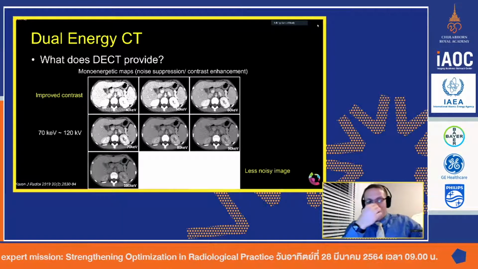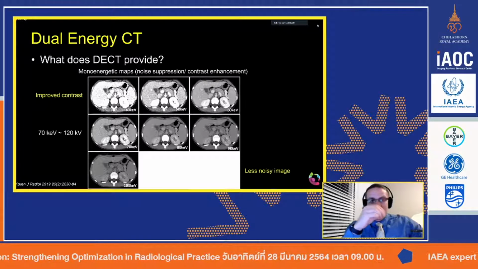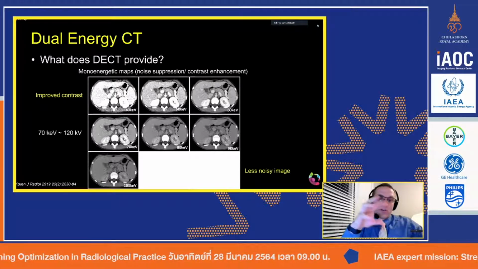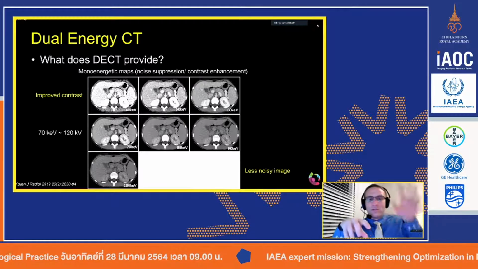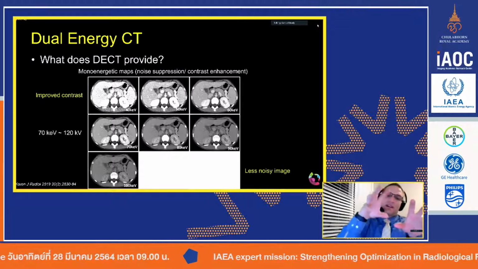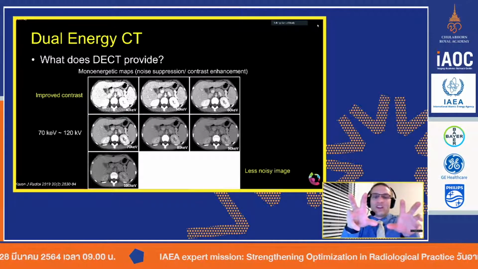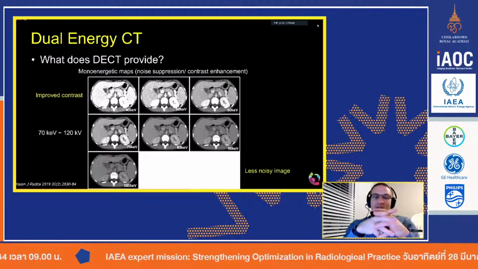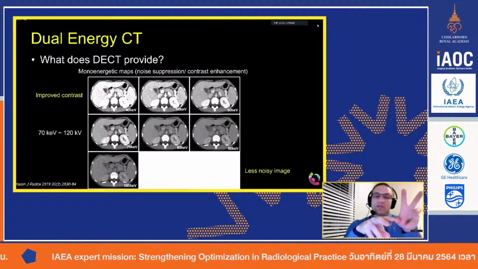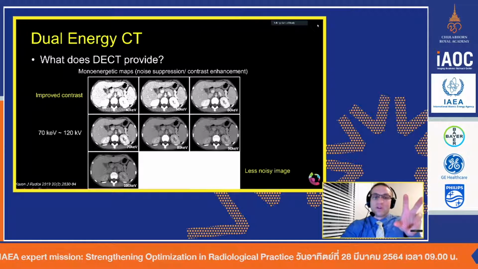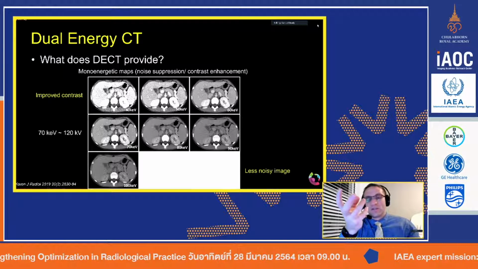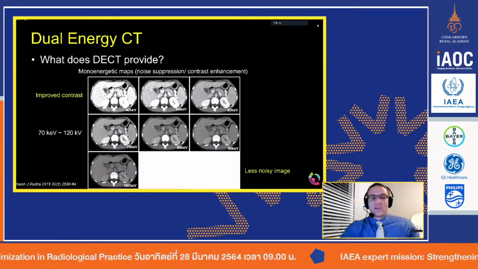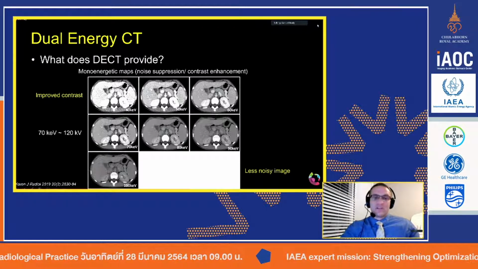And then finally, we talked a little about creating what are called monoenergetic maps. Basically, you take the low energy spectrum data and the high energy data and you blend them together. If you use more low energy information to reconstruct the image, you'll have a lower mono E. If you use more of the high energy and a little bit of the low, you'll have a higher mono E image.